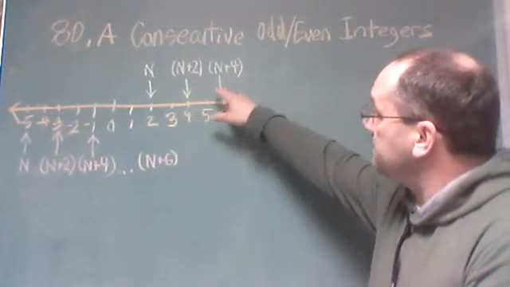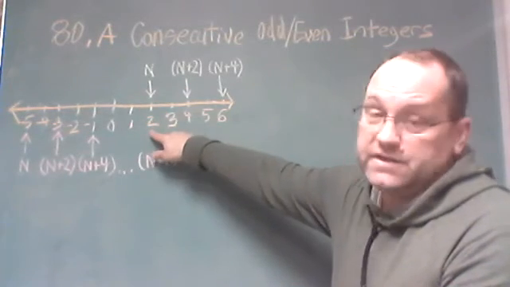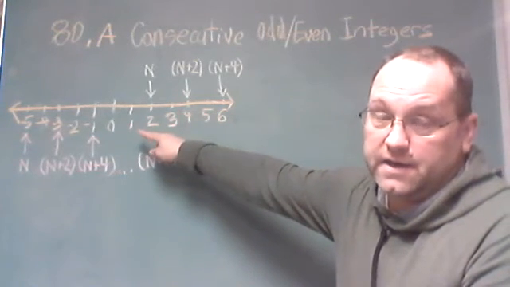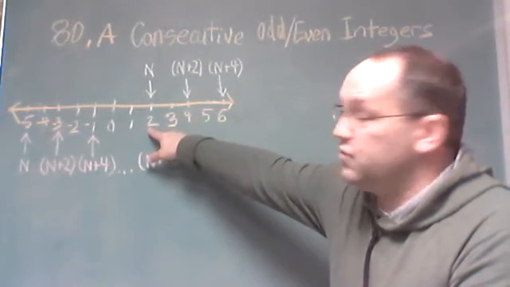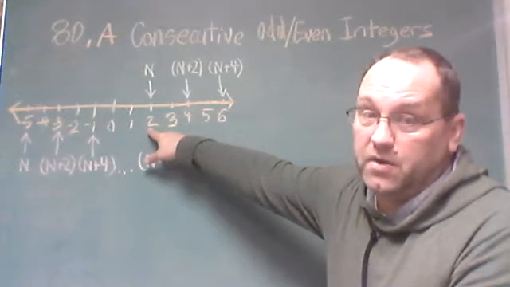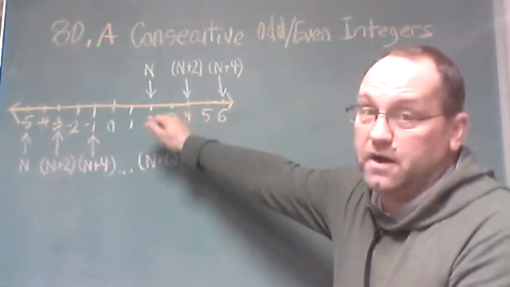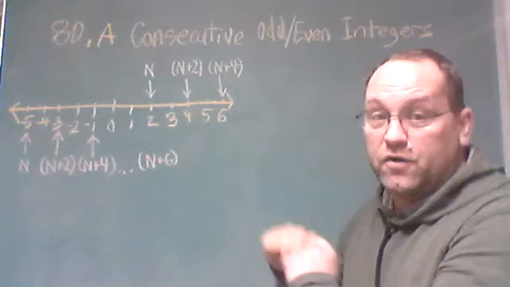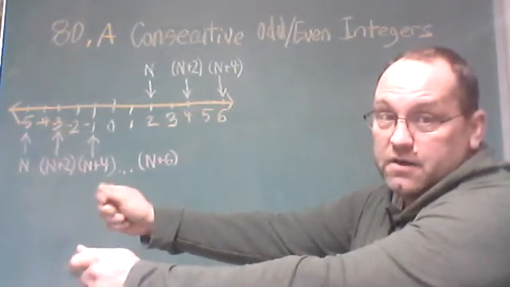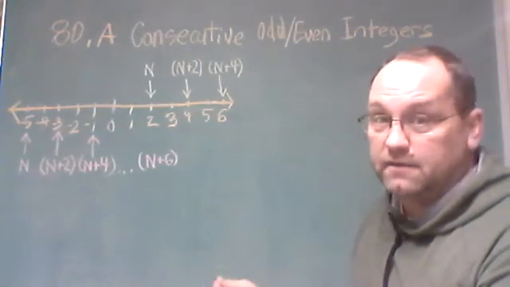Well, you'll notice if we still use n to denote the first integer that we're going to solve for, let's say that it's 2. 2 is an even integer. We want the next even integer down the number line, which would be 4. Remember, n is always going to be our starting point. It's always going to be the first number in the series, the number furthest to the left in our number line, because then we add to the right to get the other consecutive integers.